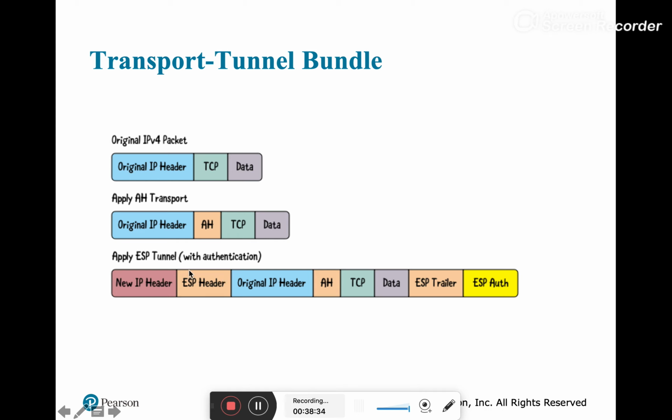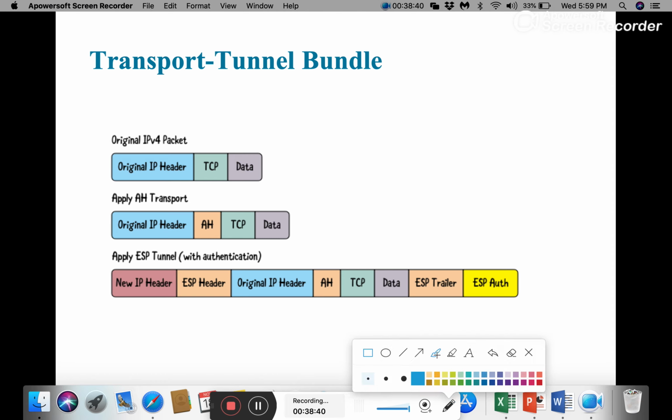When we create the tunnel, it means we take everything, from here until here, and this becomes our payload. We insert it into a new packet with a new header. We add a new header over here, and then we insert the ESP header between the new and original IP header, and then here the trailer and authentication data.